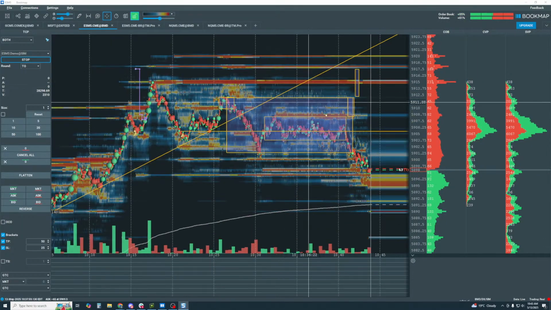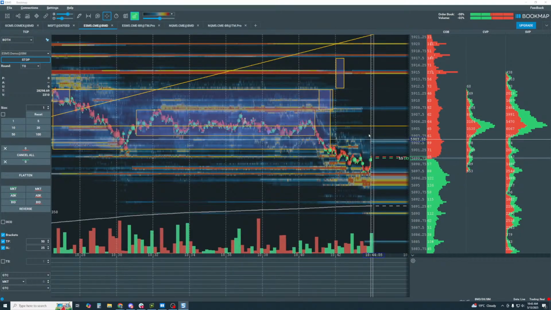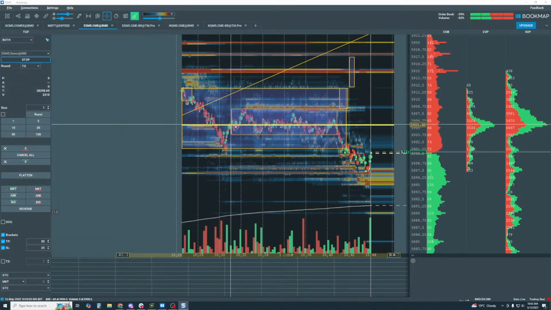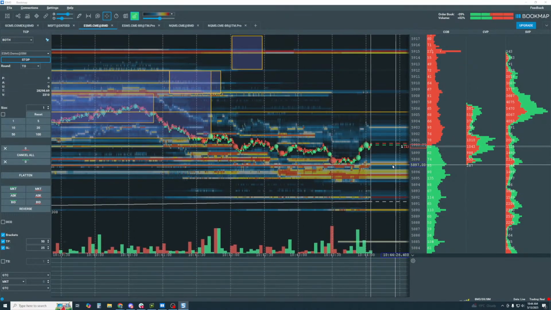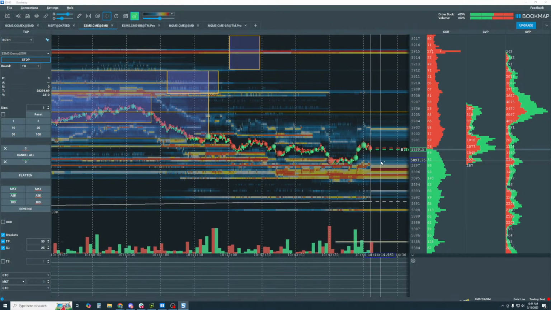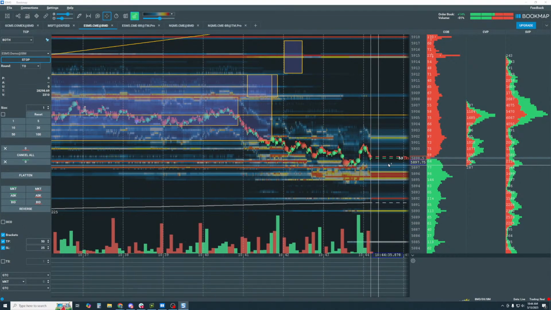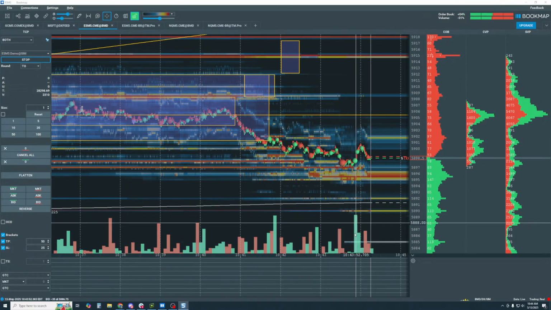So here now we're getting down into our area where maybe we're getting a deal here, right? We made the right decision to get out of that trade, and now let's see if we can get back in. Okay, that's quite a bit of volume.